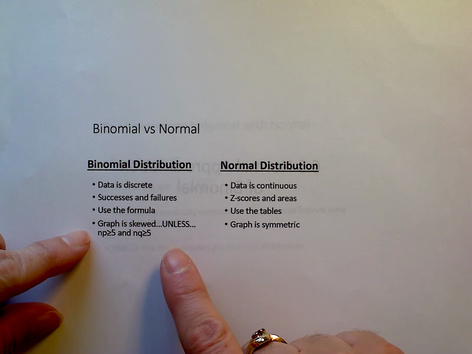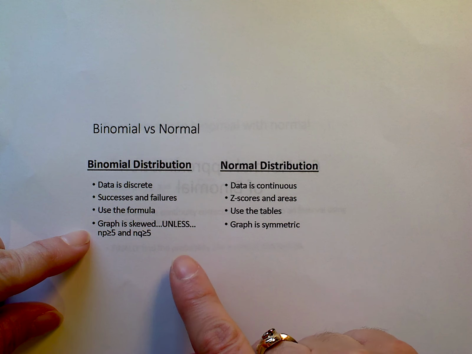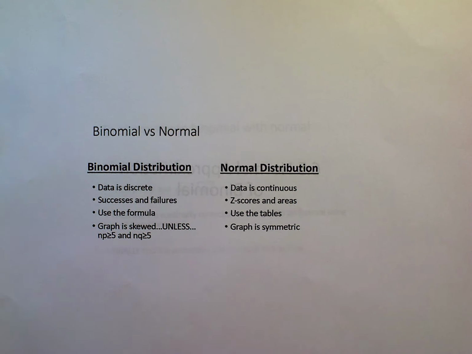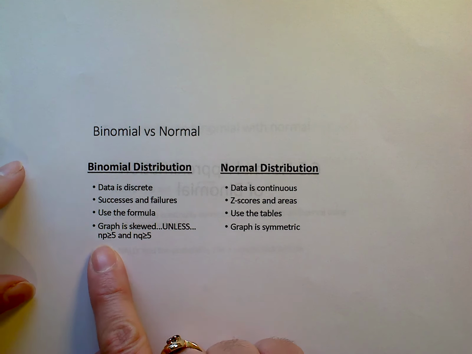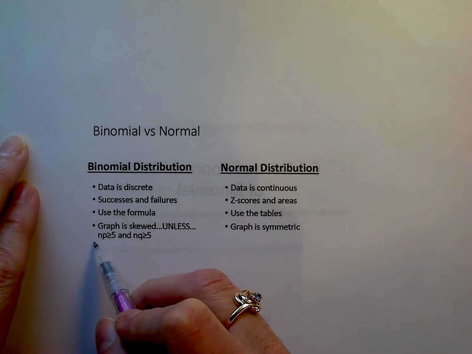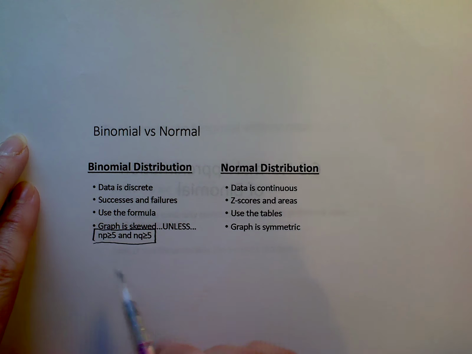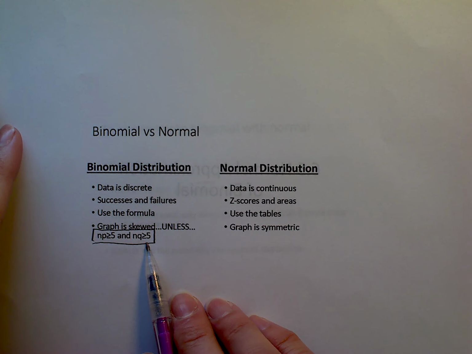Now we did graph one of them in class, and we noticed that it was way skewed. It's not always, though. Sometimes it is more like a normal distribution, and that happens when n times p and n times q, both of them have to be greater than or equal to 5.